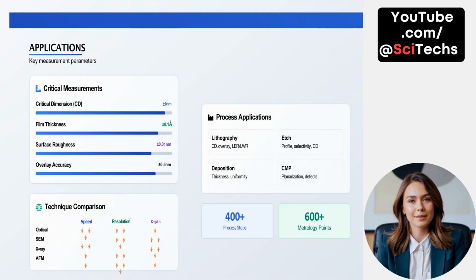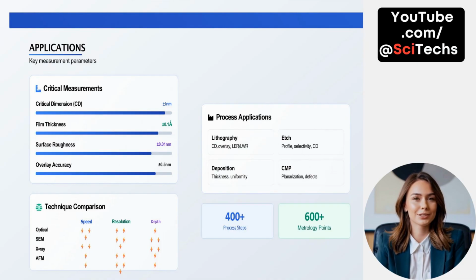Applications. In semiconductor manufacturing, key applications of metrology focus on critical measurements that support process control and yield optimization. Critical dimension, CD, measurement is essential for ensuring pattern fidelity and device performance with a precision of plus or minus 1 nanometer.